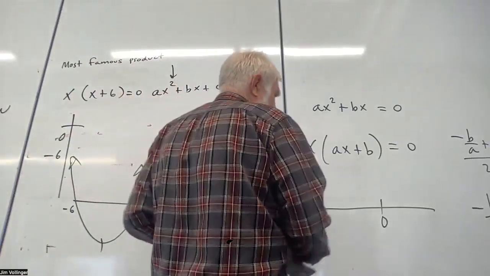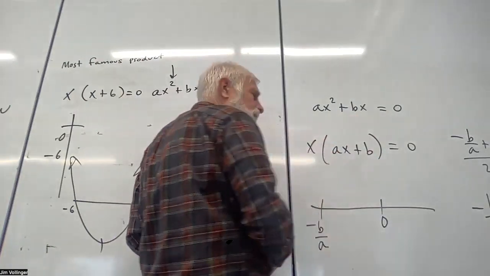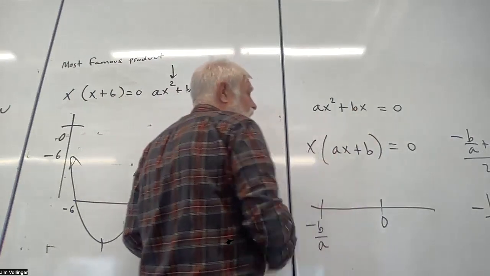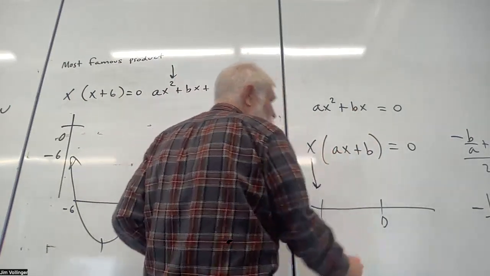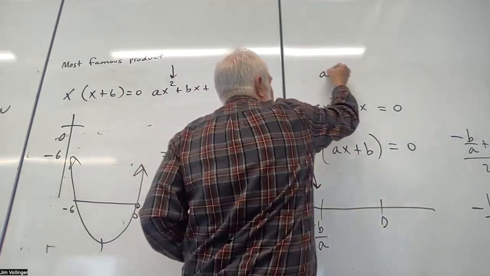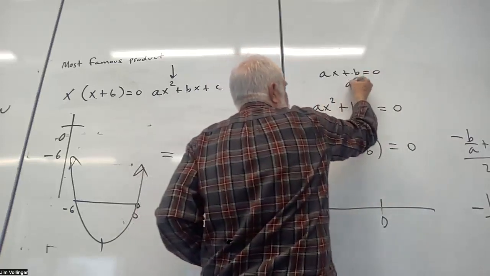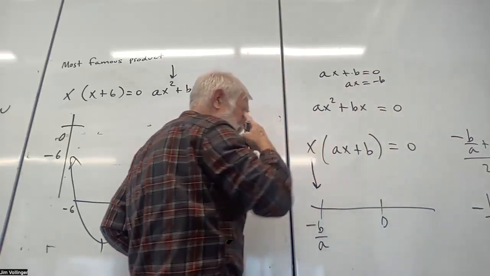Okay. So I factored this: x times (ax plus b), x times ax, ax squared, x times b, bx. I set it to 0, so I know one of my answers is that x is 0. And then I solve ax plus b equals 0 by moving the b to the other side, negative b, and then dividing by a.